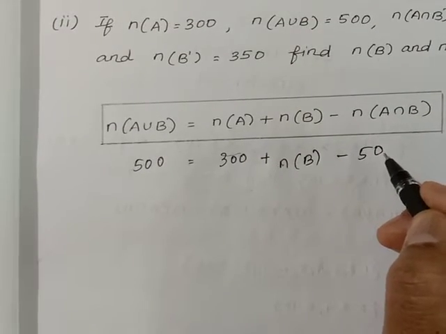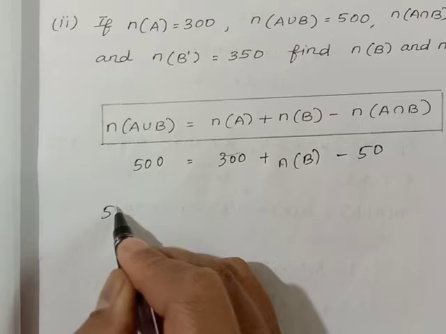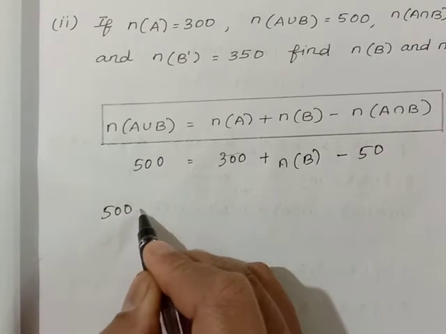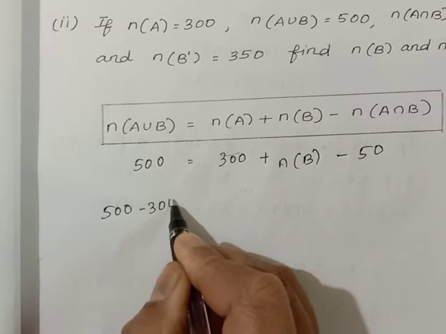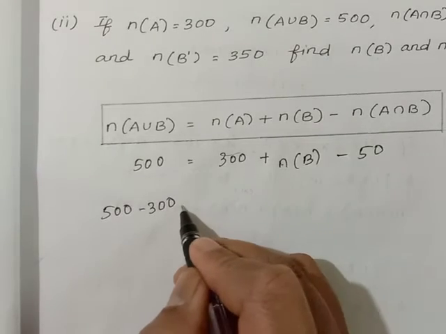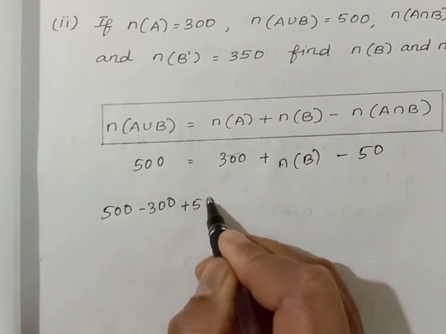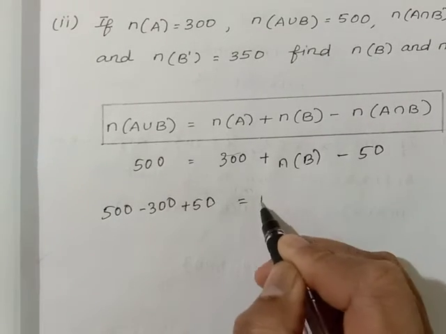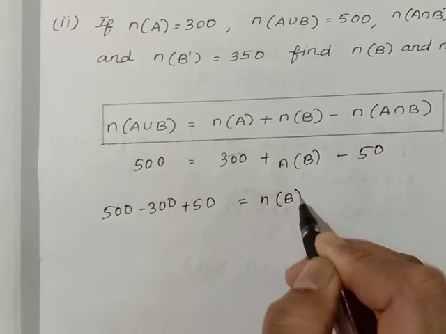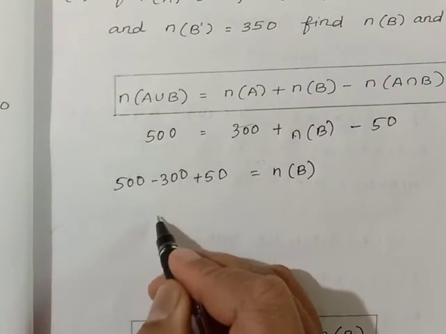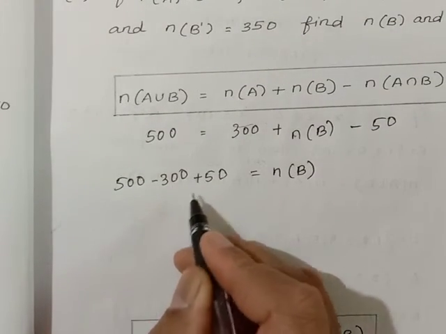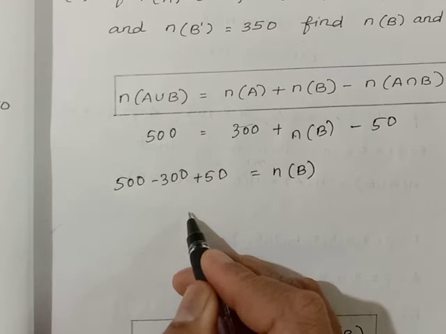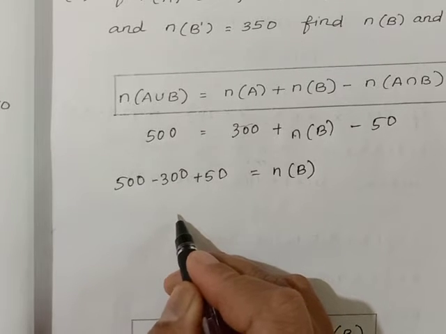We'll take all the numbers to one side. 500 plus 300 when taken to the other side becomes minus 300. Minus 50 when taken to the other side becomes plus 50 equal to n of B, let it be here itself. 500 minus 300, 200. 200 plus 50, 300.